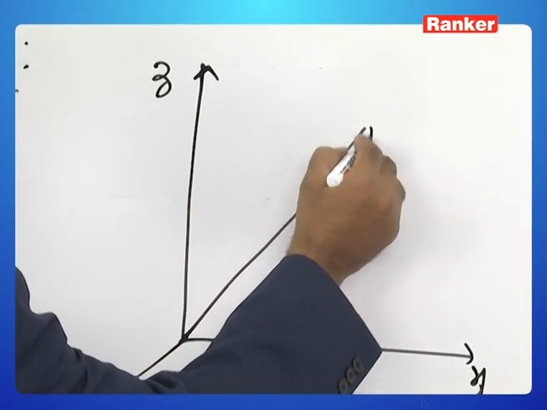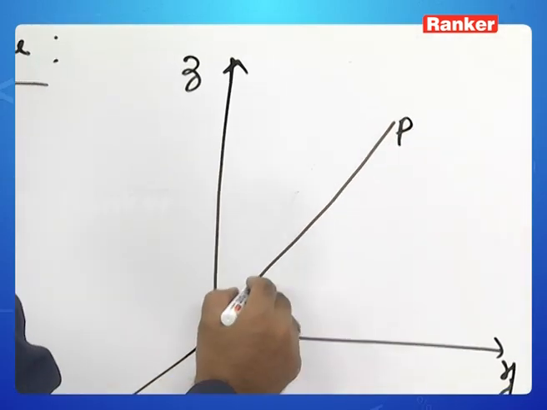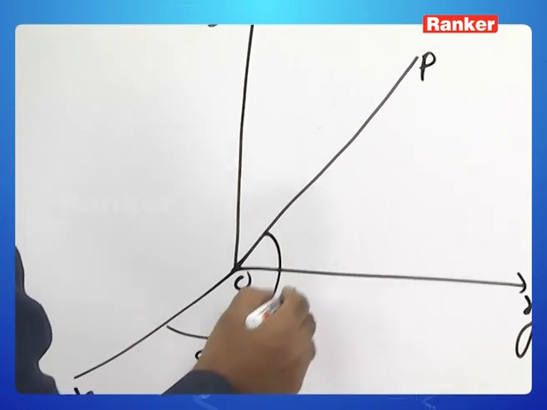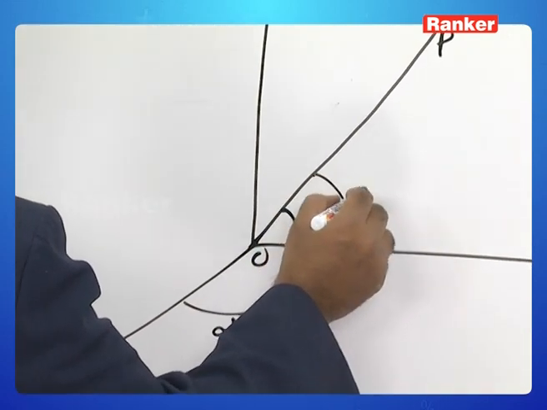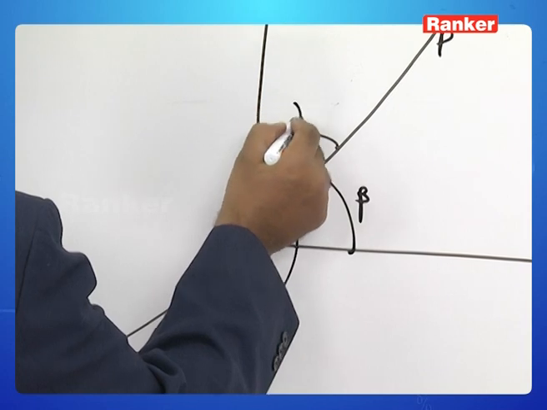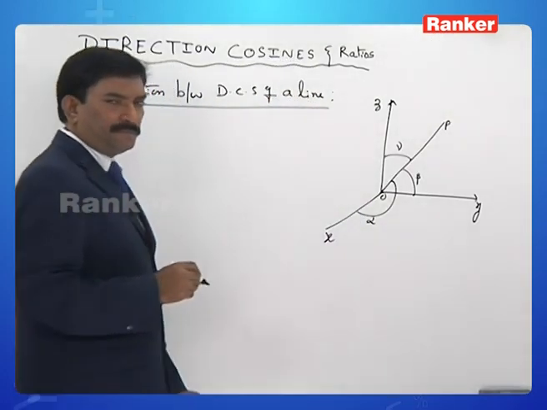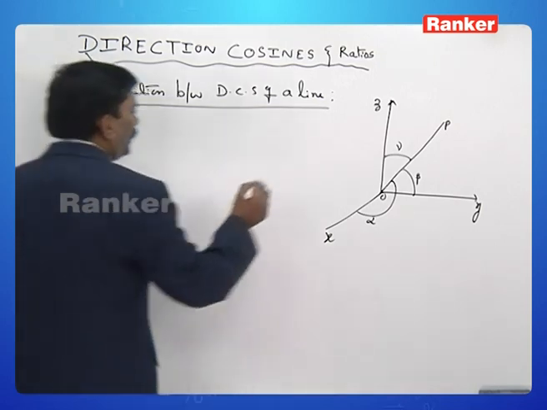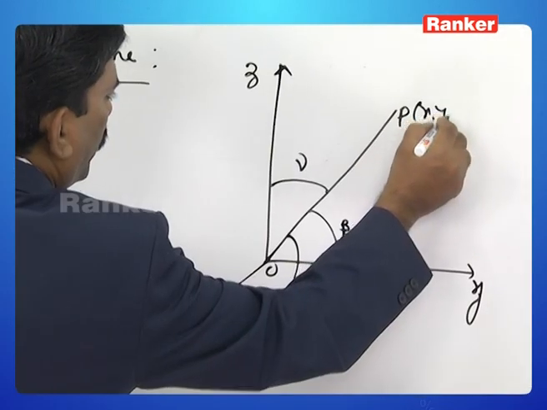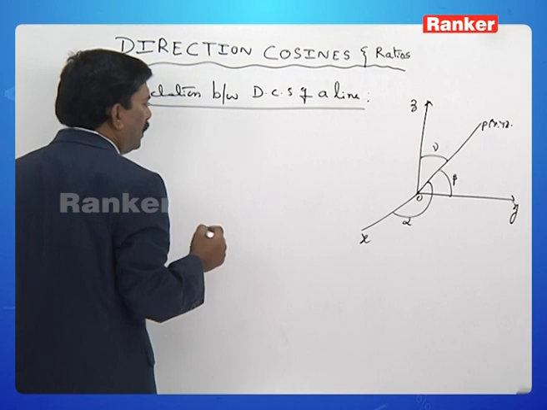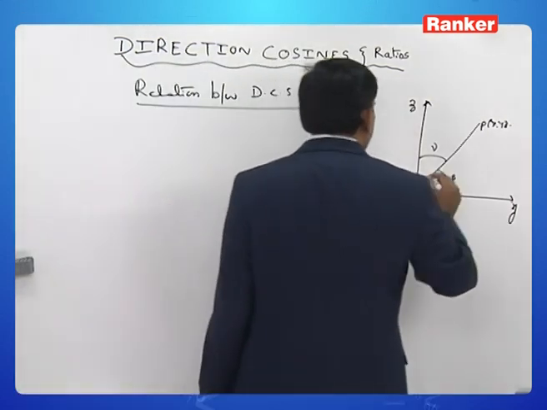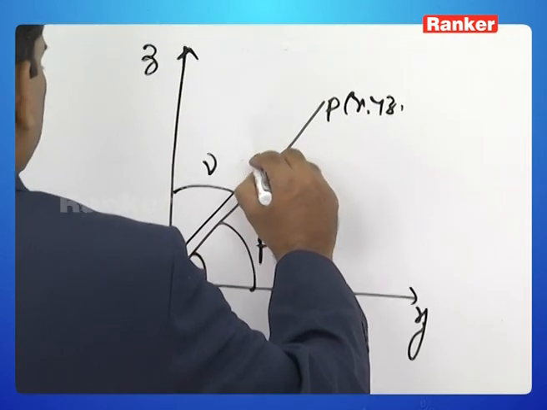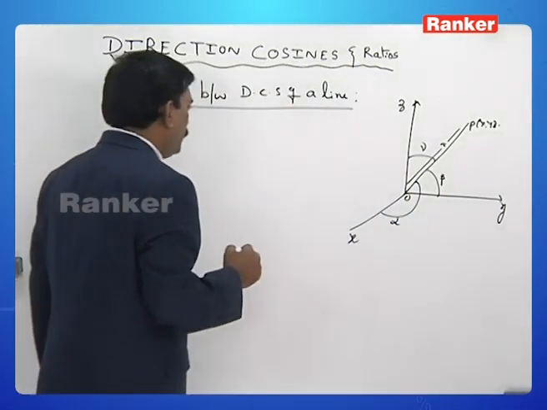This is a line OP. This makes an angle alpha, this makes an angle beta, and this makes an angle gamma. Now, if I take this point as x, y, z, and the length of this is r, take this one.